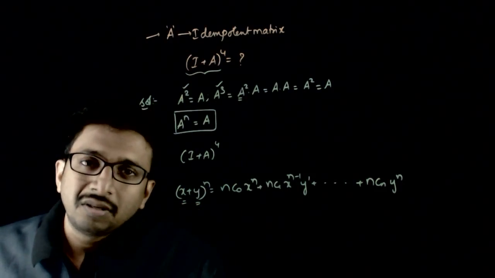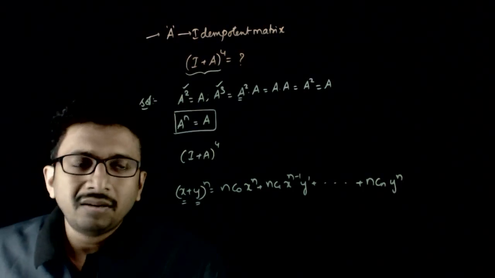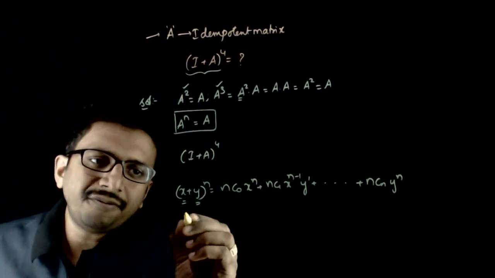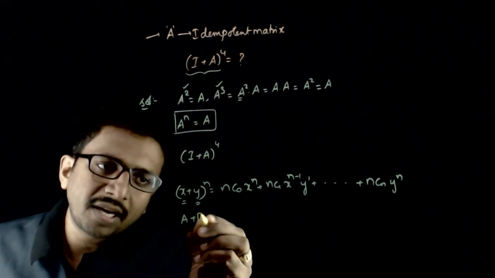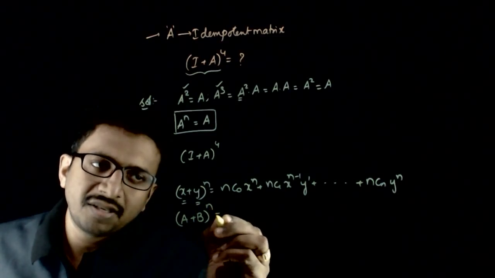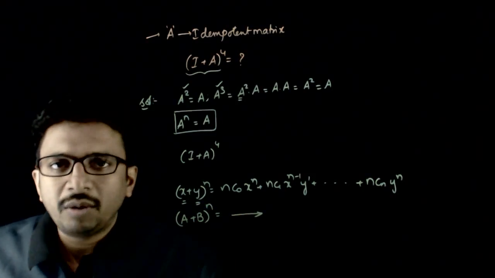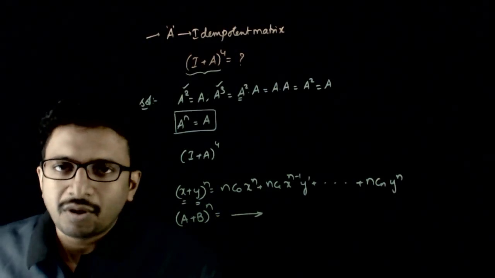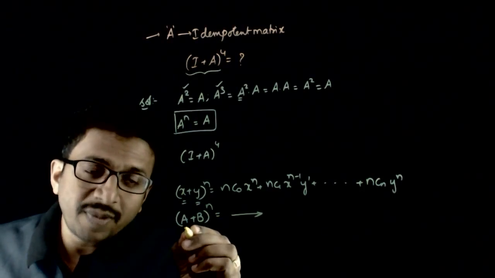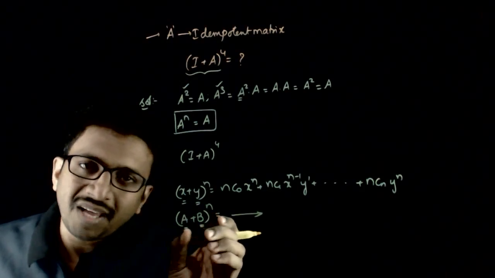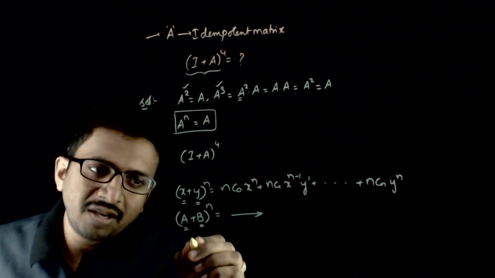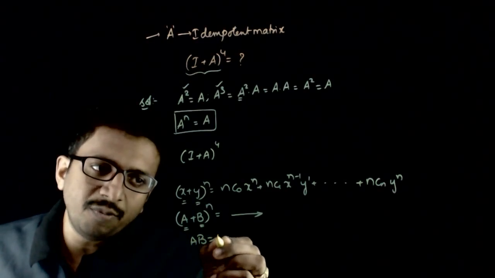matrices? Generally no, but the theory says that if A and B are commutative matrices, then I can use binomial expansion for matrices also. So binomial expansion for matrices can be used only if A and B are commutative, that is AB is equal to BA.